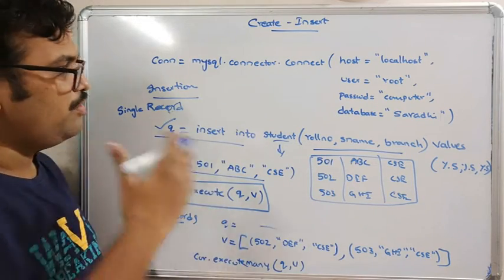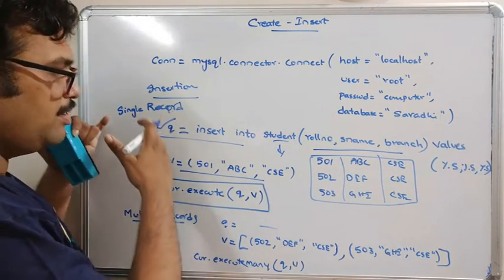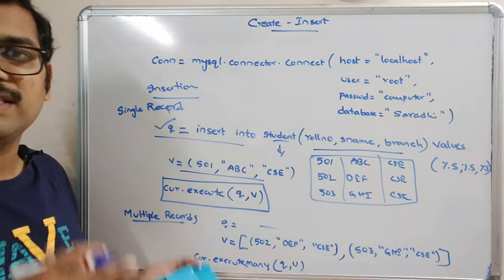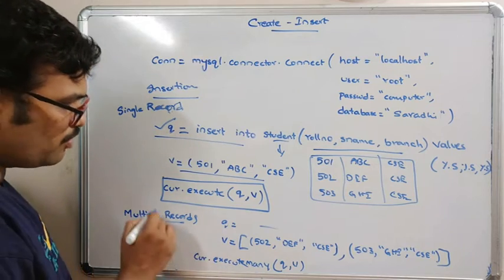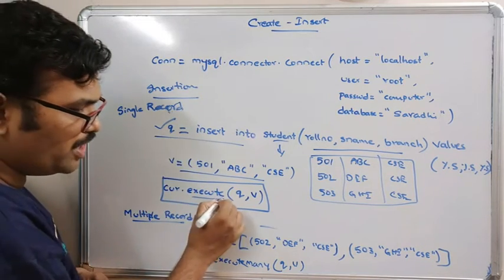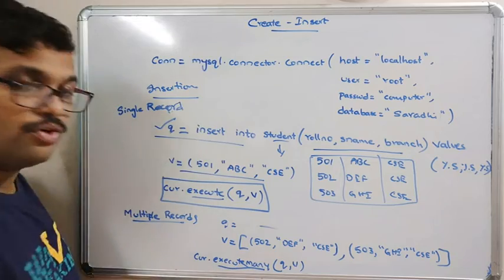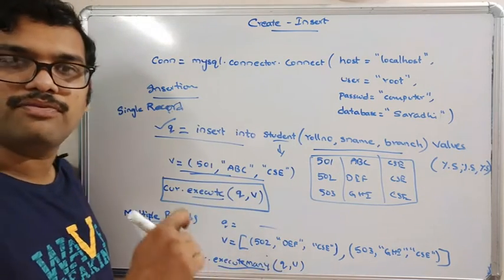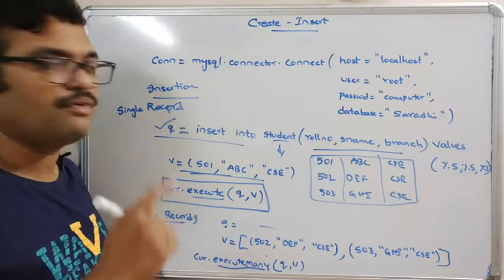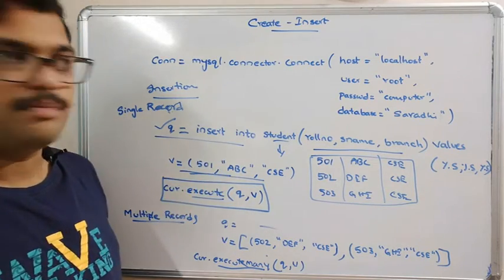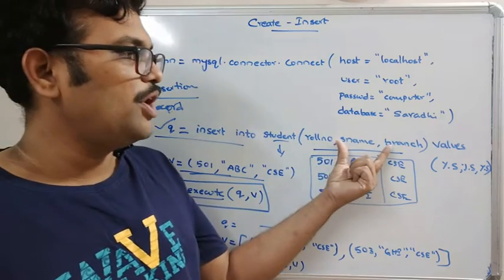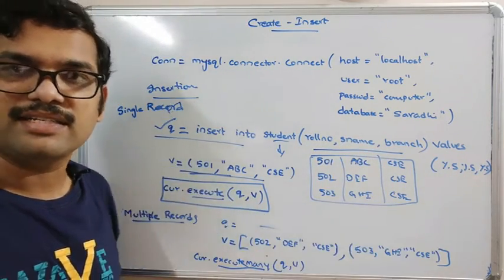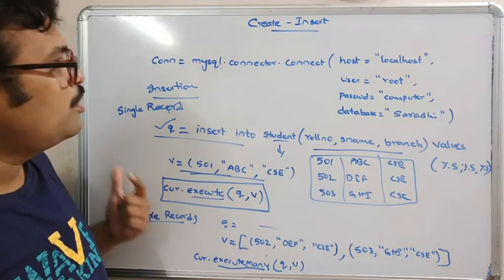This is how we can insert a single record and then multiple records. Hope you understood. The syntax is the same, but here we are going with cursor.execute, and here cursor.executemany. Here we are giving only one tuple, and here we are giving a list of tuples. That's the only difference. The query is the same. Whatever data type the column belongs to, we need to give the format specifier as %s, right?